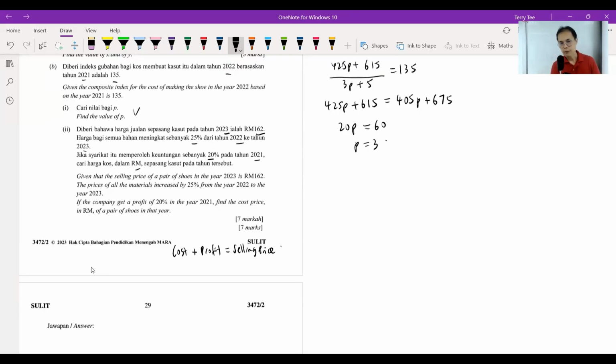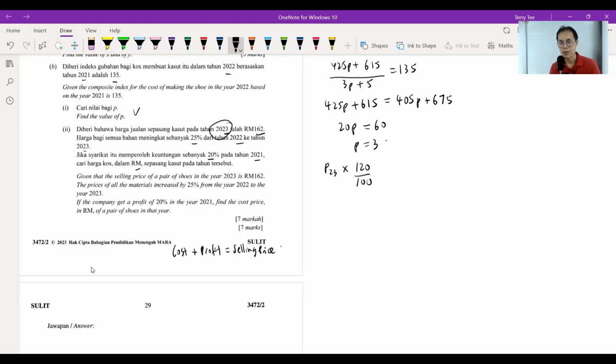So we want to work backwards and find out what is your cost in the year 2022. We know the selling price in 2023, so we need to find the cost in 2023 first. All right, so your profit in the year 2023 is 20%. That means you mark up by 20%.